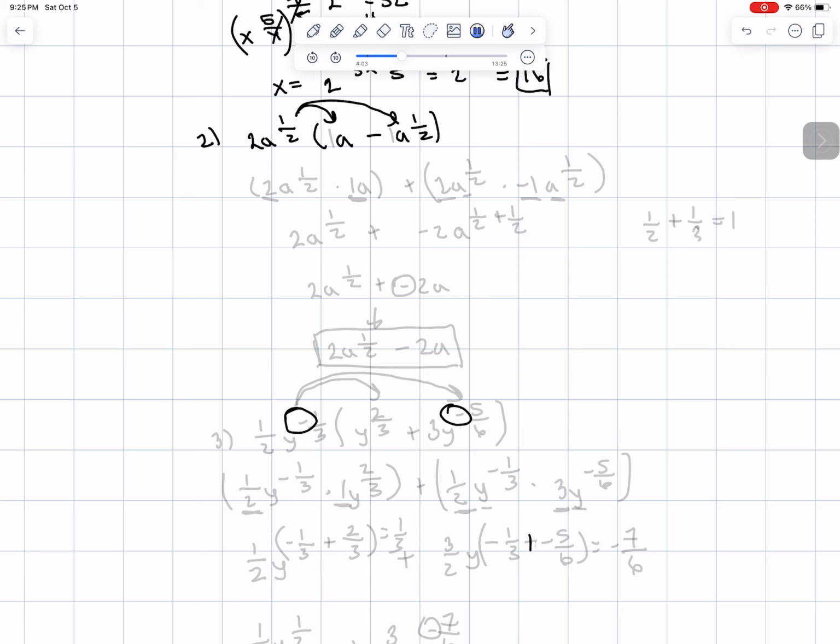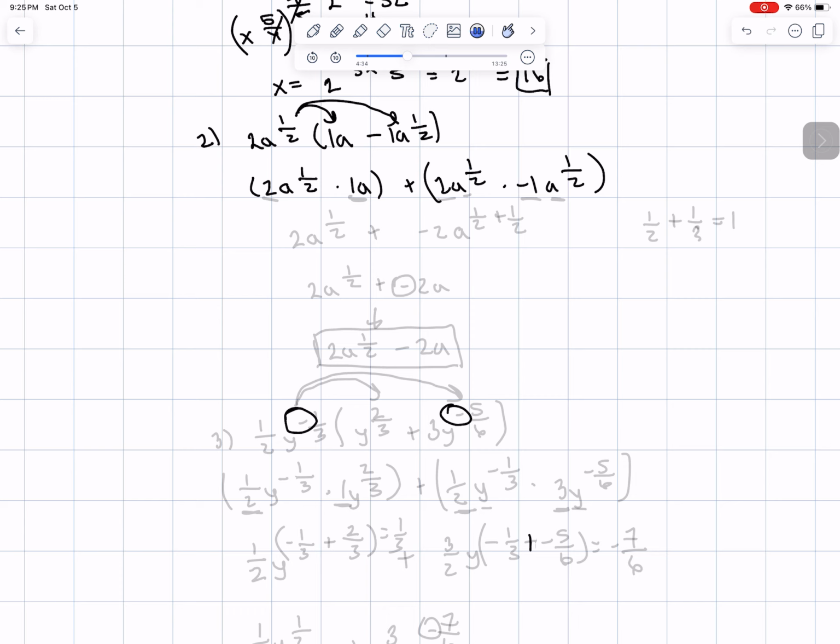That means I'm going to get 2a to the 1/2 times, there's a 1 in front, 1a, and then plus 2a to the 1/2 times negative 1, because I'm pretty sure there's a 1 in front of that, a to the 1/2.